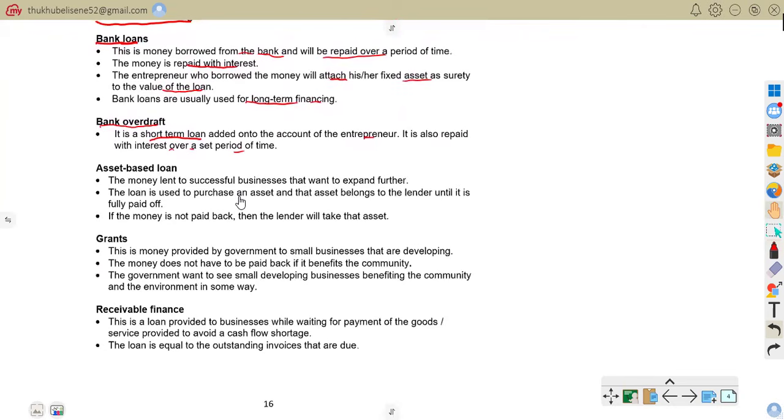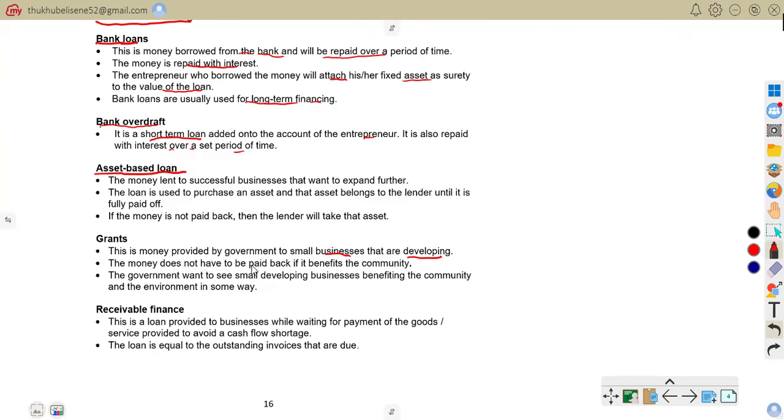Now let us come to the grant. This is money provided by government to small businesses that are developing.